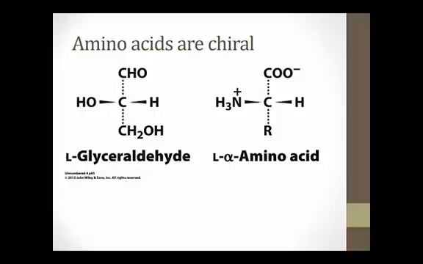In eukaryotes, nearly all amino acids are present in only the L conformation, while prokaryotic amino acids, especially in the bacterial cell wall, can be found in the D conformation. Since most enzymes, which are proteins themselves, can only act on stereospecific substrates, a eukaryotic peptidase that targets L amino acids is unable to degrade peptides comprised of D amino acids, which can be found on the prokaryotic cell wall.